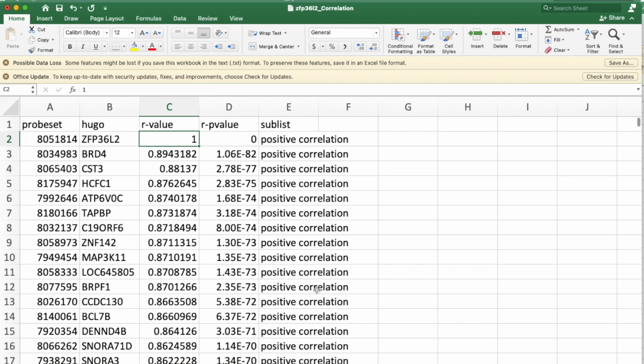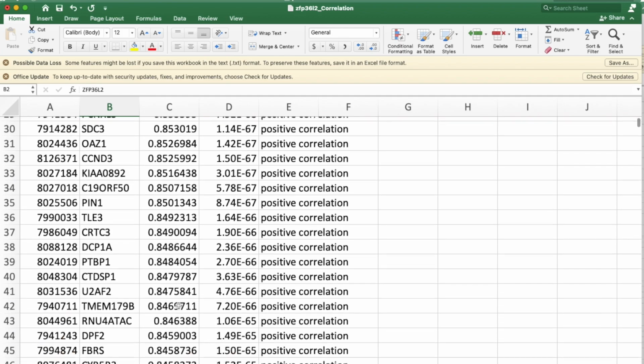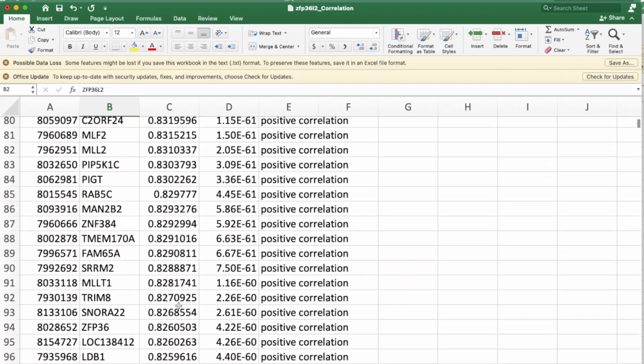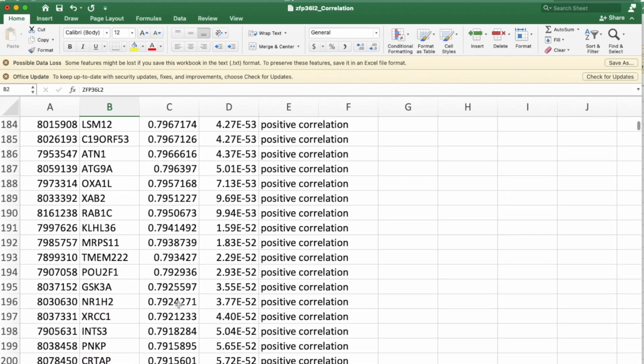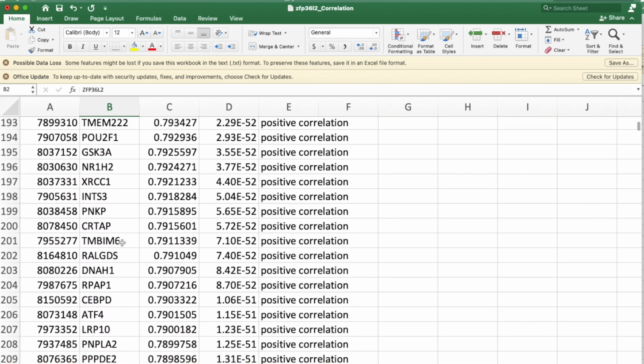Okay. Let's do the same thing we did last time. So what I want you to do is put your cursor at B2. Let's copy the top 200 correlated genes. So 201, mine is TMBIM6. And copy.